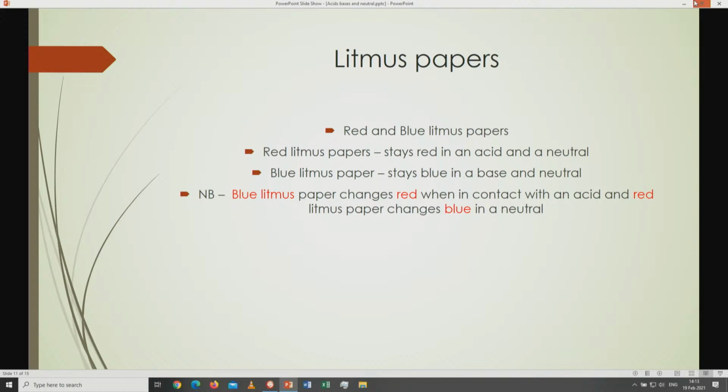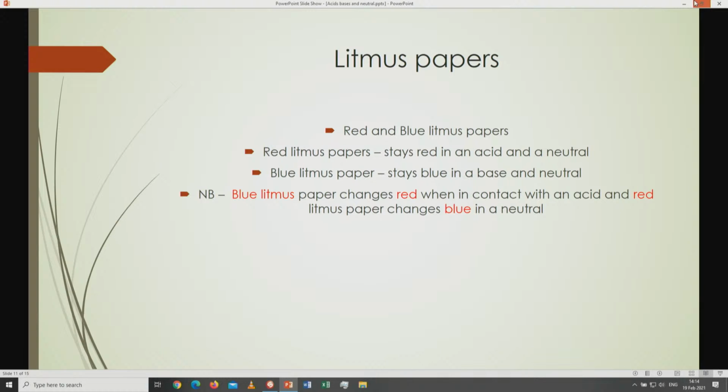But when you take a blue litmus paper and dip it in a neutral substance, it will turn what? Blue, to indicate that that substance is a neutral. Take note of this. Blue litmus papers change red when in contact with an acid, and a red litmus paper changes blue when it is used in a base.